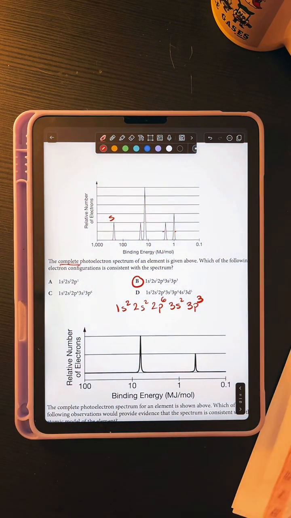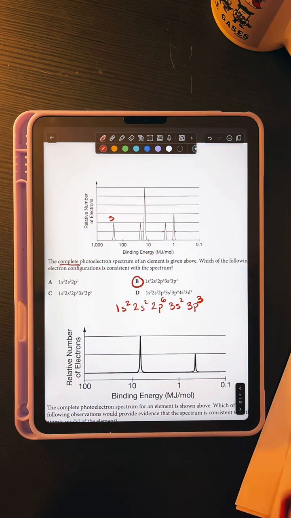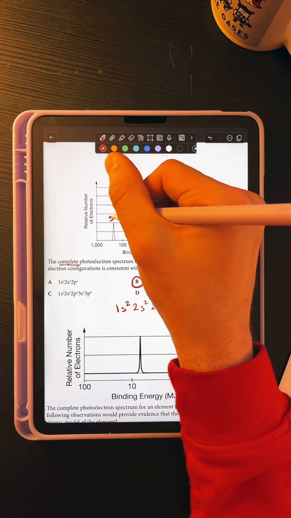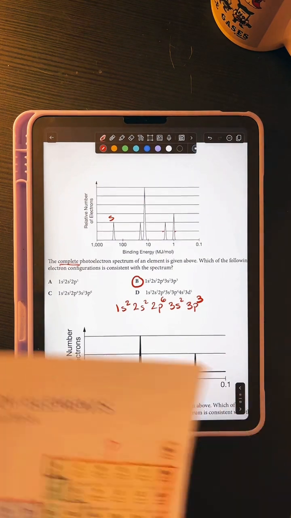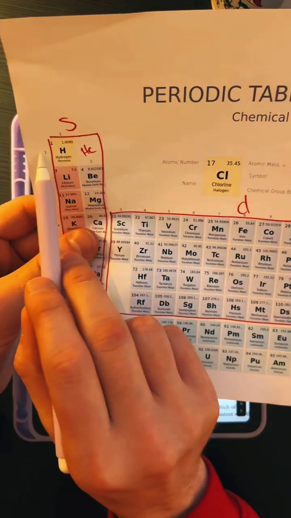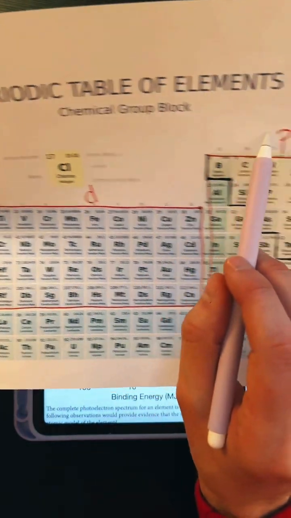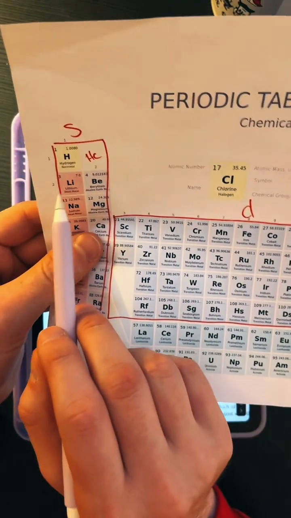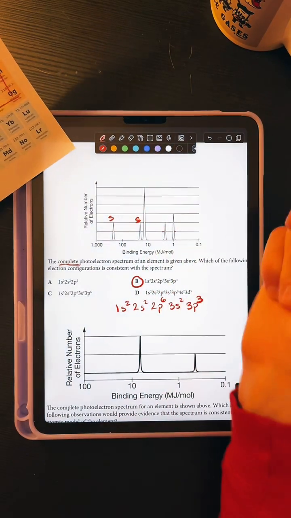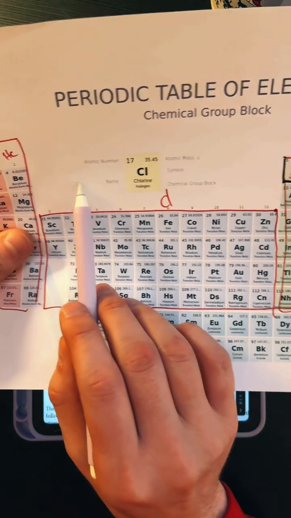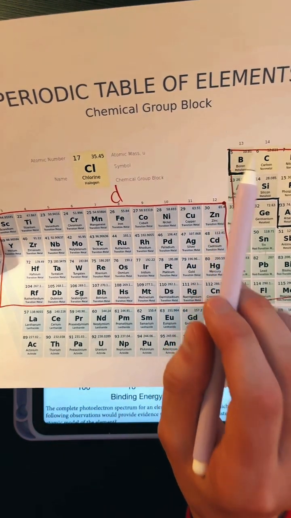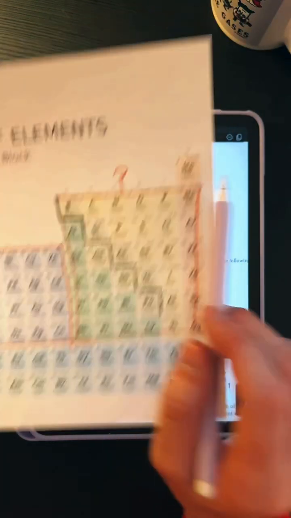As we go through our periodic table, s block left to right, we don't hit a p block, so we continue going down, and then we hit another s block. So we have another s. Then we're now in the second row. We keep going across, and now we hit a p block.